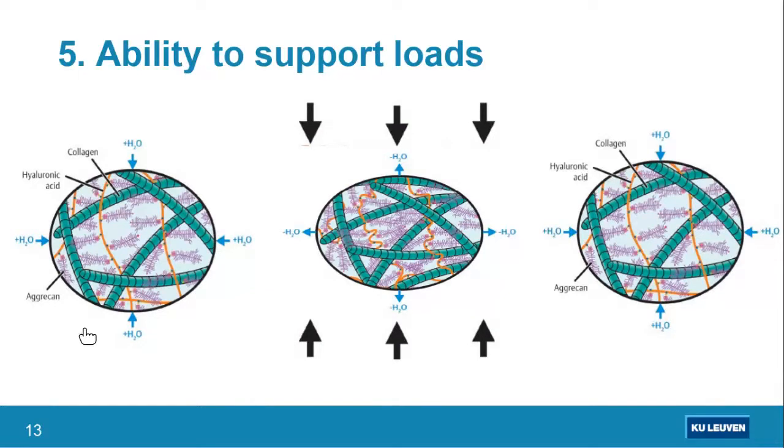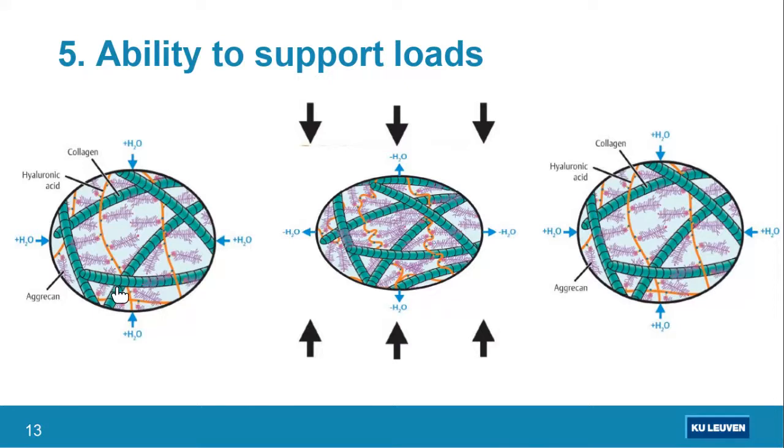So in this normal situation, the aggrecan is going to be surrounded by and bound to a bunch of water molecules. Therefore, this aggrecan is going to try to expand or swell. On the other hand, we have the collagen also forming a network that is pretensed. This collagen network prevents the aggrecan from expanding too much or swelling too much, which is what we call the swelling pressure.